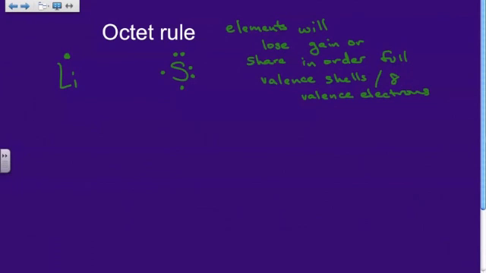So in the case of lithium, lithium only loses 1. And we can see this when we look at the ionization energy of lithium being relatively low.